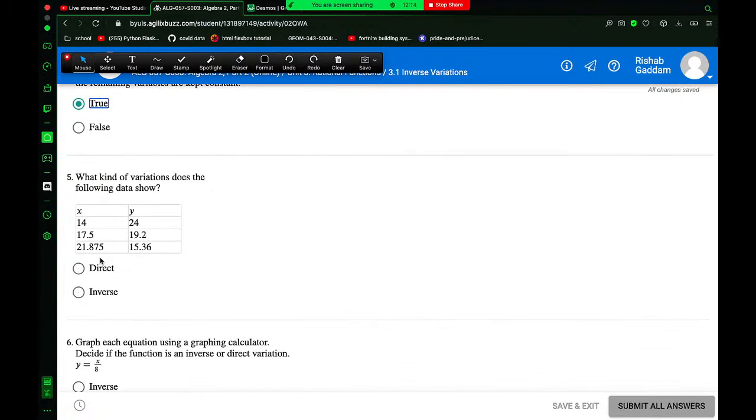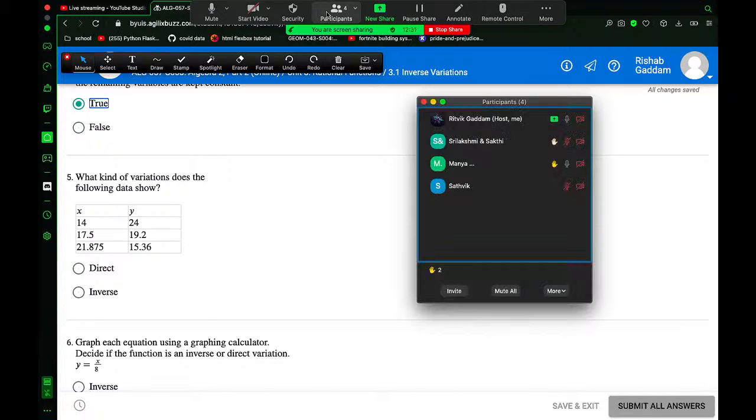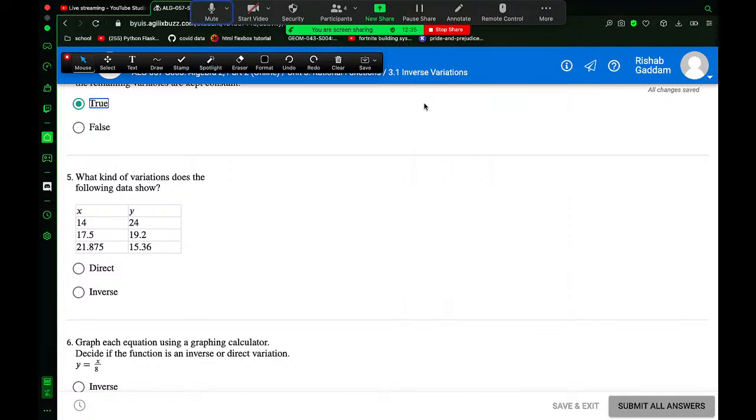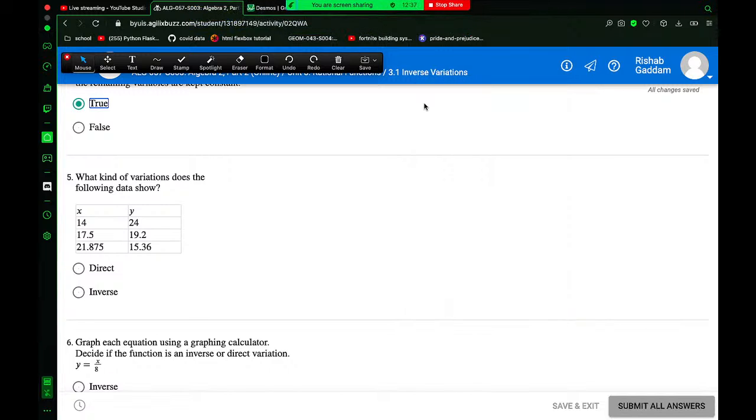So, what kind of variation does the following data show? So, who wants to answer this one? Sri Lakshmi, you can do this one. Okay, so what kind of variation does this following data show?